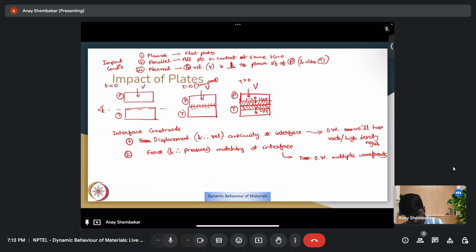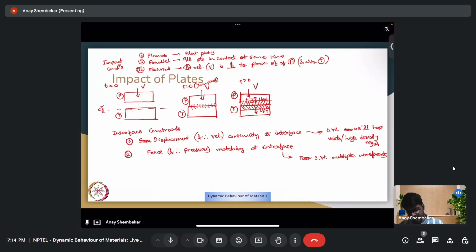Some material flows in and some material flows out, and that mass should be balanced. That is reflected in shock wave front velocity, particle velocity, as well as initial rest density and shock material density.